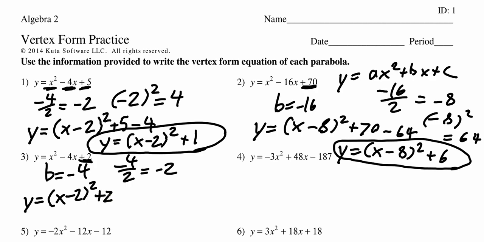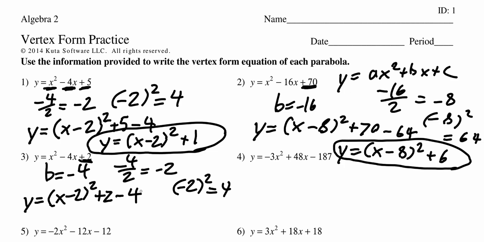And then the last and final step is to square the term you got when you divided b by 2. So negative 2 squared is equal to positive 4. Now you want to subtract 4 from the 2, so you would just do minus 4.